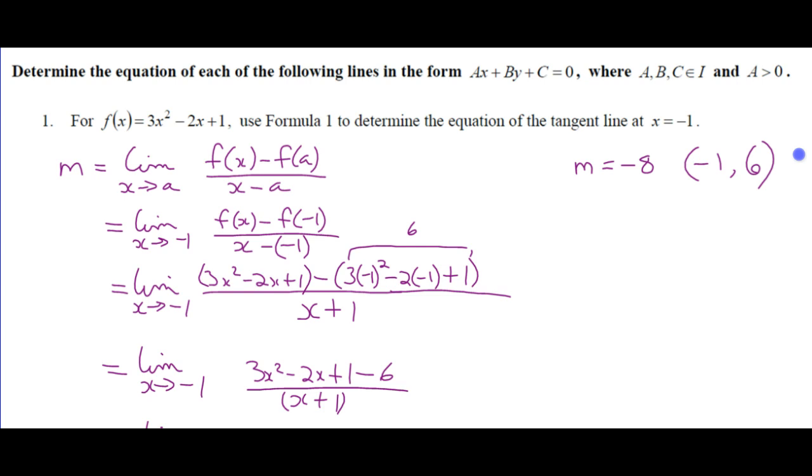So we want to find the equation of the line with a slope of -8 that goes through the point -1, 6, because that's the point on that curve, right? -1, 6 is the point on f of x at which this line is going to be tangent. Okay, so use your favorite, whatever you do to do straight lines. I like y minus y1 equals m times x minus x1, right? So it becomes y minus 6 is -8 times x plus 1.